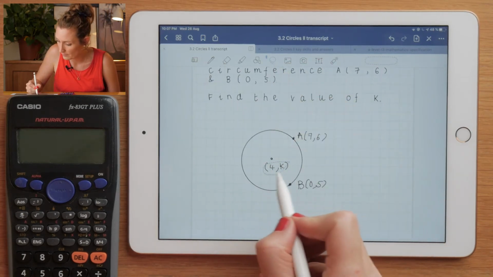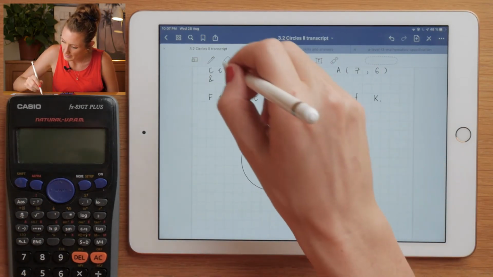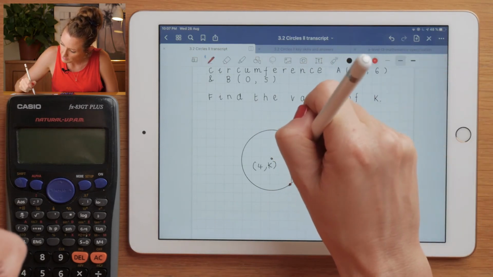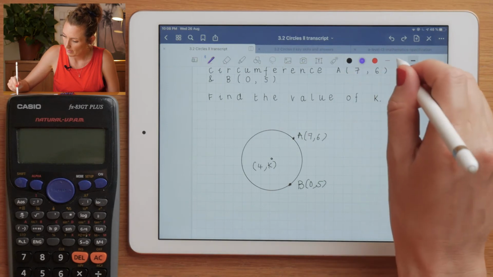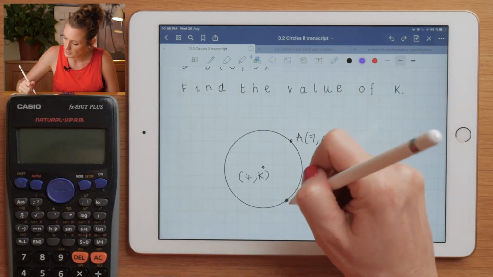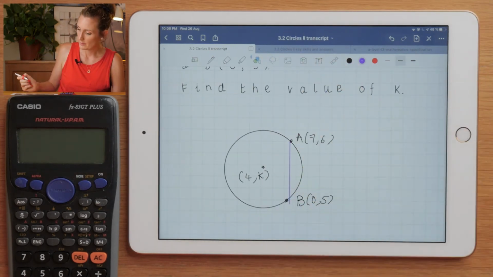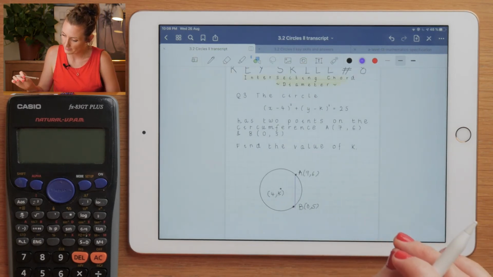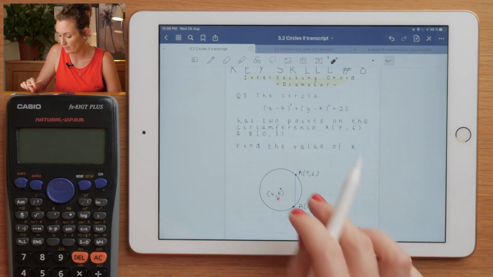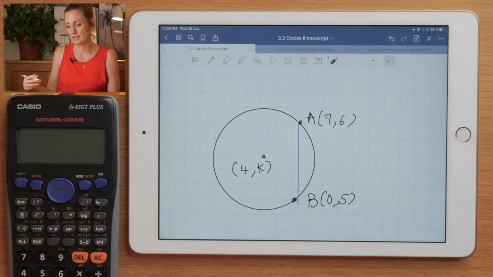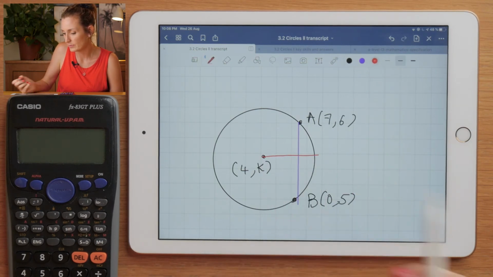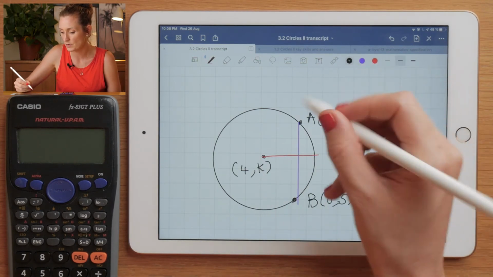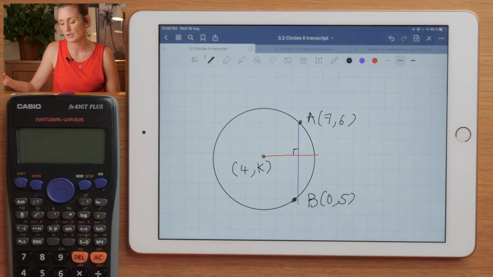Now, we can say that from A to B is a chord, right? Now, we've been told that we need to find the value of k. The method for this question is to find the equation of the line here. Now this would be a radius, and we would know that this would be a 90-degree angle here.